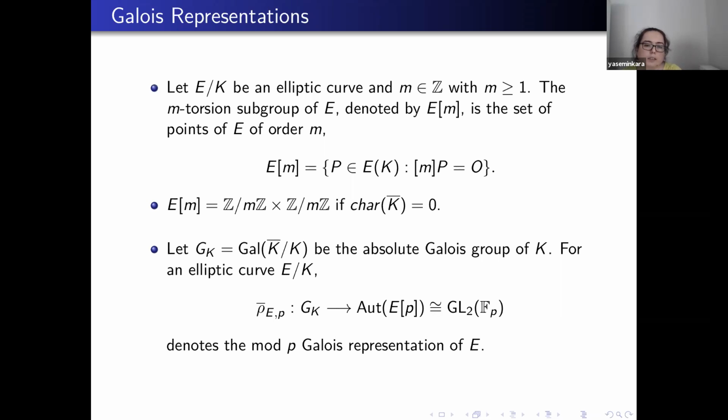And this automorphism group is isomorphically clearly GL2(F_p). This ρ_{E,p}, we say that it is the mod p Galois representation of the elliptic curve E.